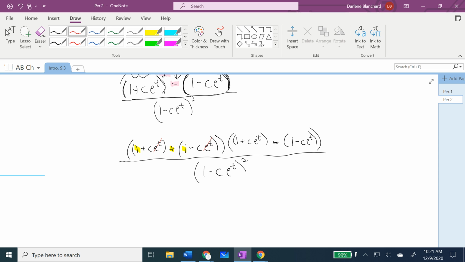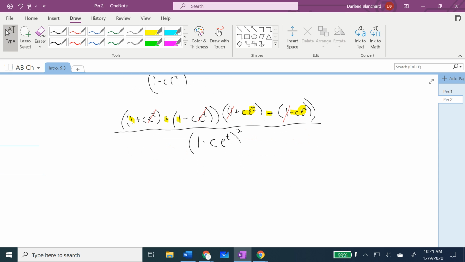And then I want to be careful on the other side, because on the other side what I have is a c e to the t minus a negative c e to the t, and this time 1 minus 1 subtracts each other out. And so now this first factor simplifies to the number 2.